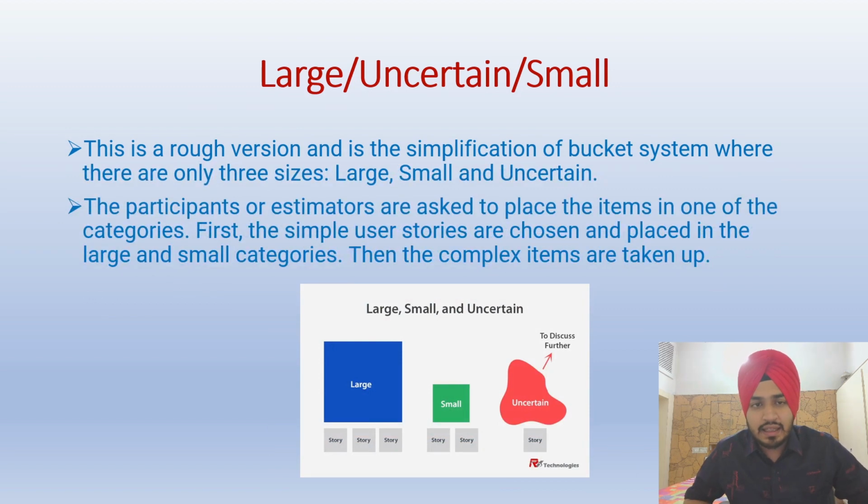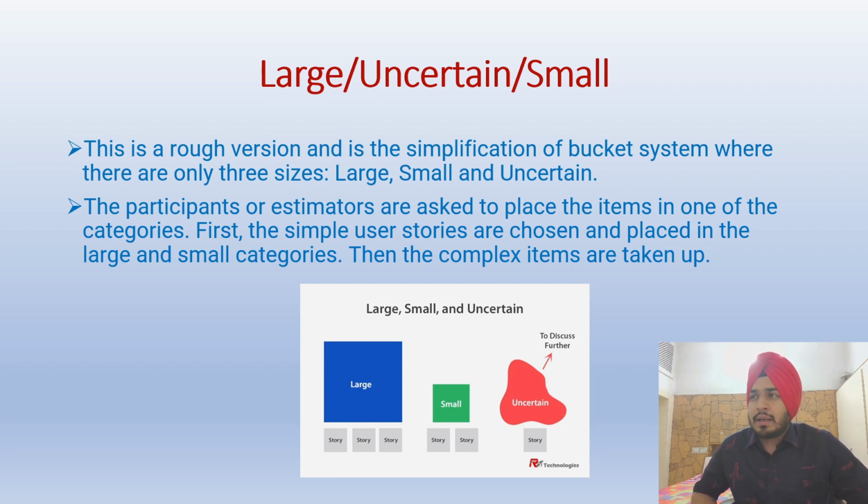The next technique that can be used is large, uncertain, or small. In this technique, those user stories are chosen which can be estimated.